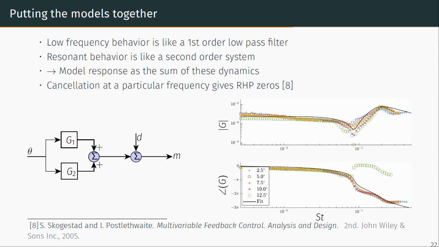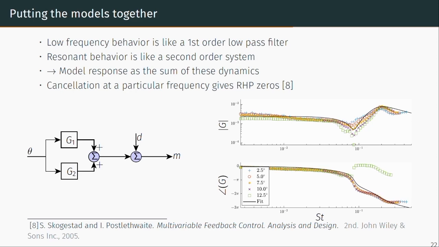If you have these two models with the right parameters, and you model your response as the addition of these two different sets of dynamics, then you can match very closely this observed frequency response that we find from our experiments.